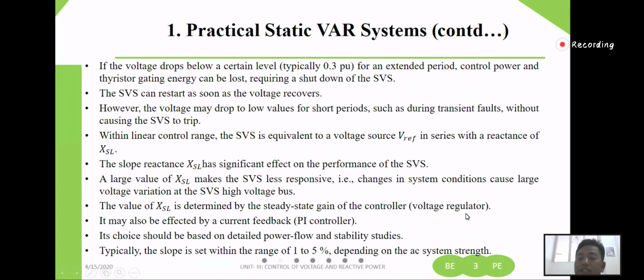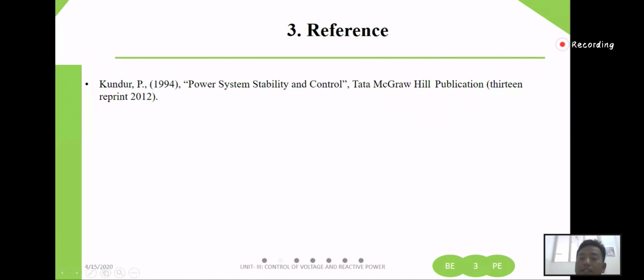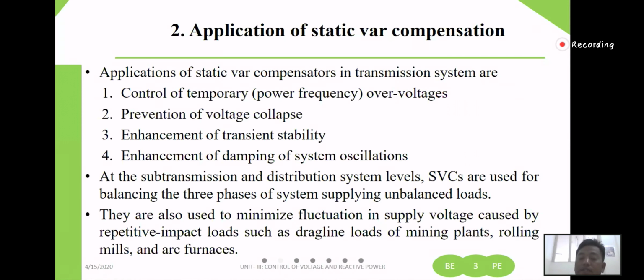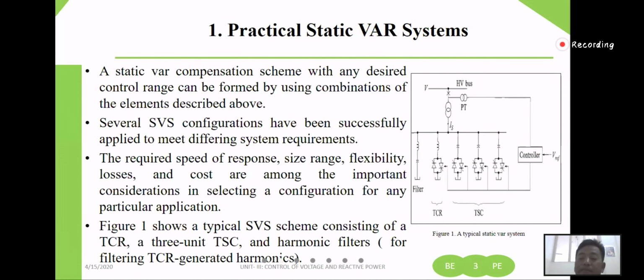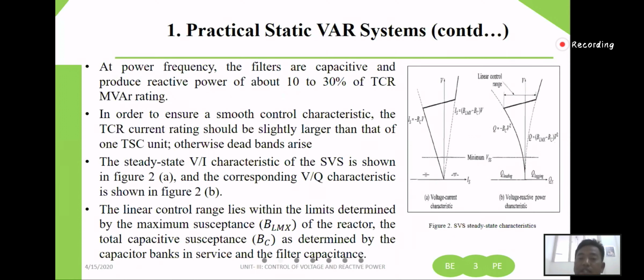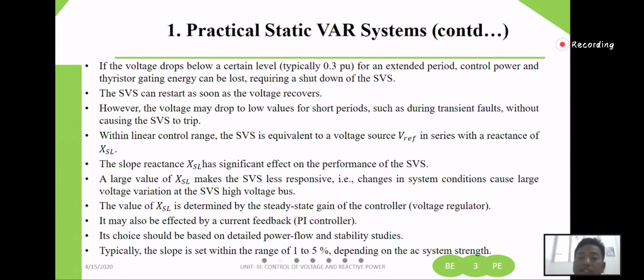With this we are completing SVCs. You have to know that in power electronics applications, you will learn that the SVC is almost becoming obsolete now, because new technology like STATCOM, and now another type of technology, UPFC, is coming.